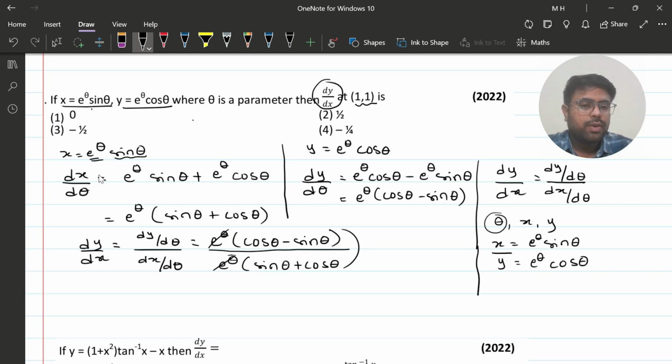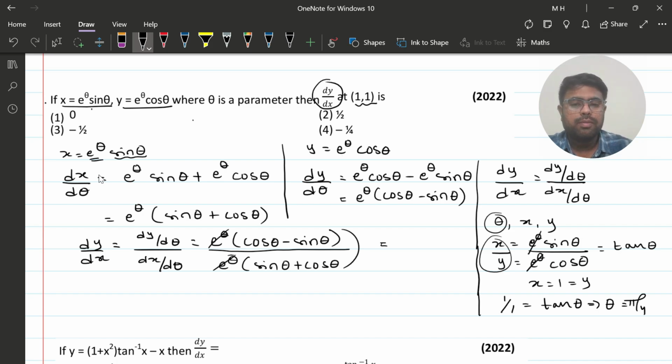If I divide these two, e raised to theta is going to get cancelled out, and I'll get tan theta. They have given x equal to 1 and y equal to 1, so if I put x equal to 1 and y equal to 1, I'm going to get 1 by 1 is equal to tan theta. So this implies theta equal to pi by 4, right?